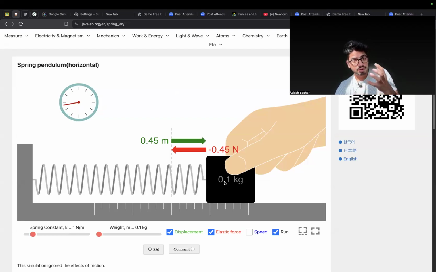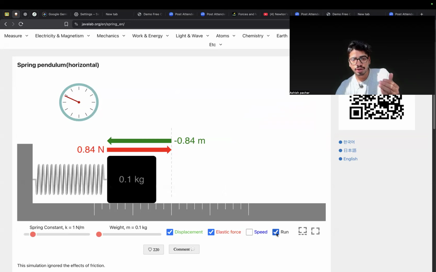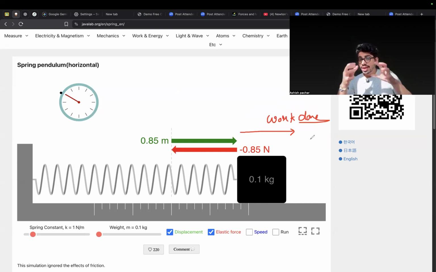And if you look at this carefully, the work done by me gets stored at this point. To displace this, I had to do some work. That is the work I did on the right side, and that gets stored in the spring.